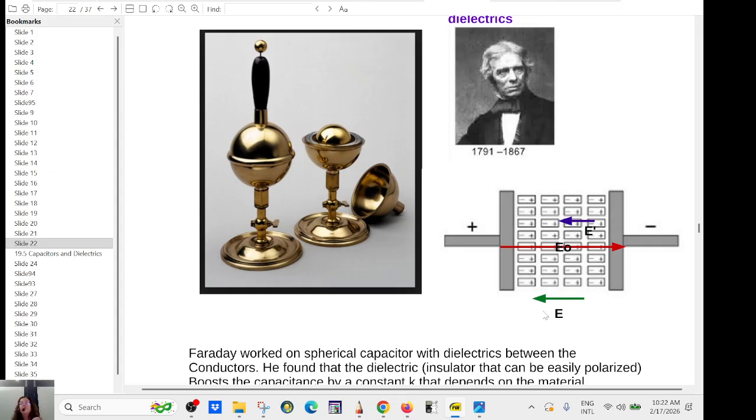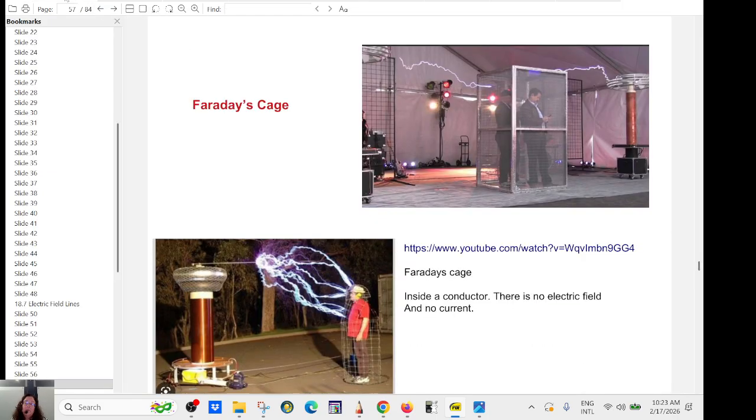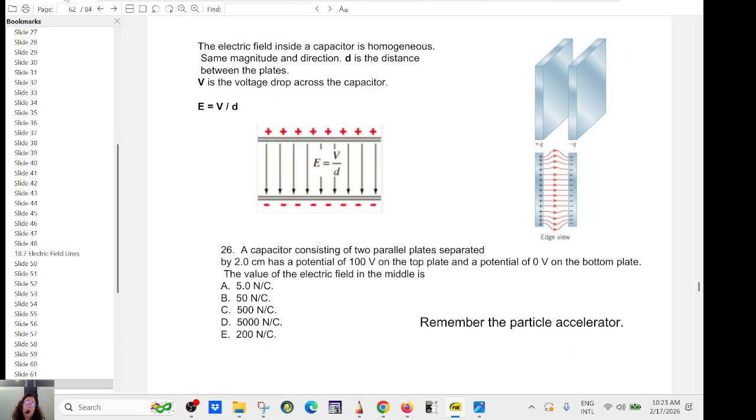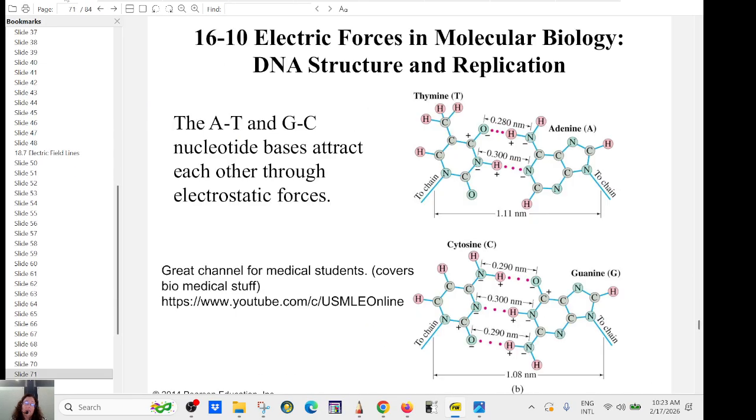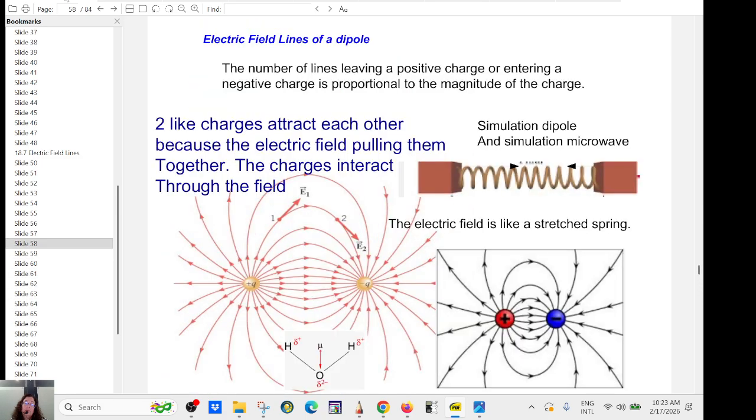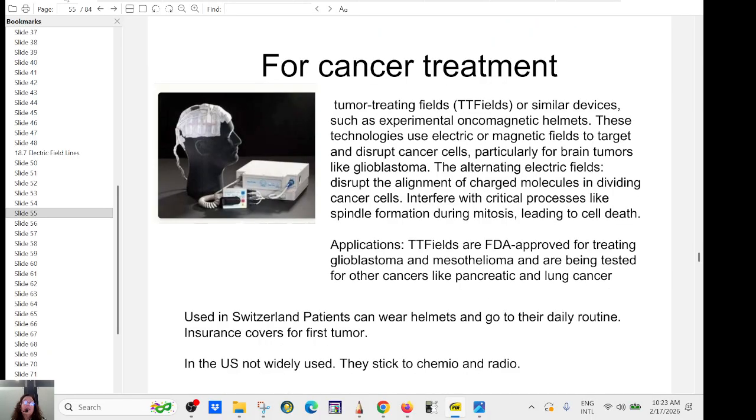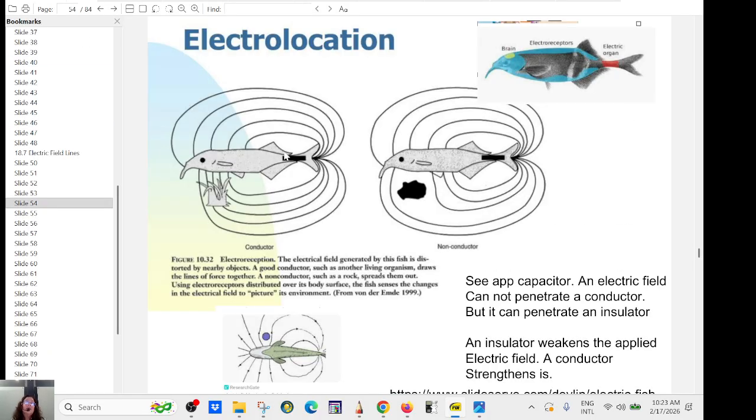So it's the story with the fish. I don't know if you remember the fish. Yeah, exactly. Here it is. So you see, if you have an electric field, because this is plus, for example, and this is minus, and you have a dielectric here, so it's an insulator, it will make the electric field weaker.